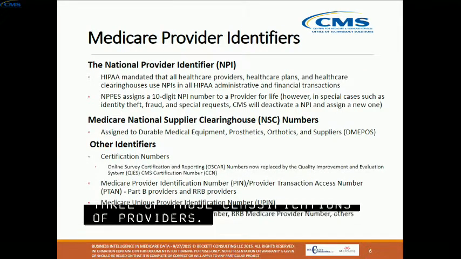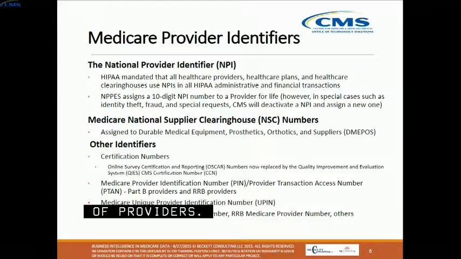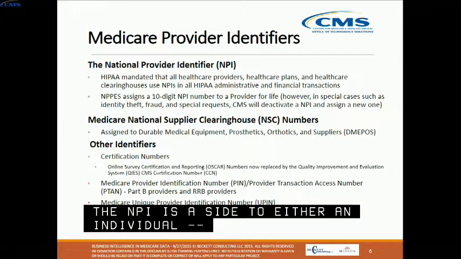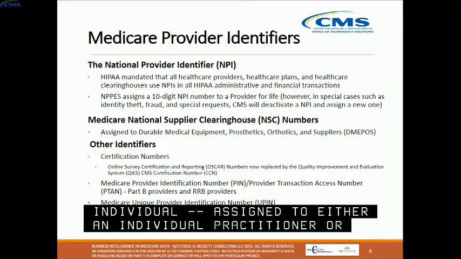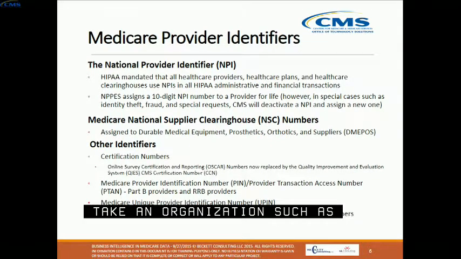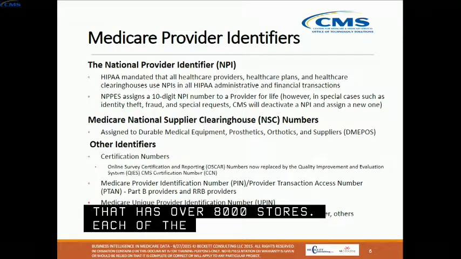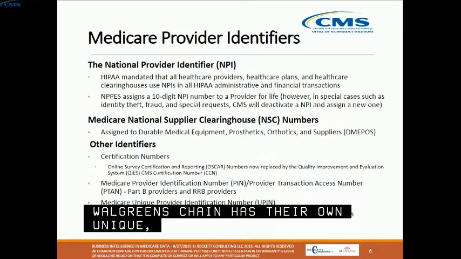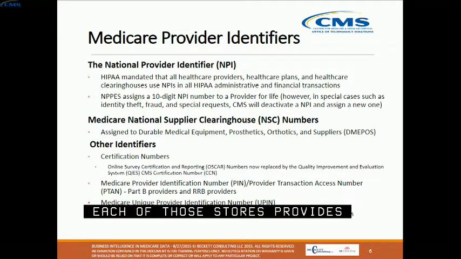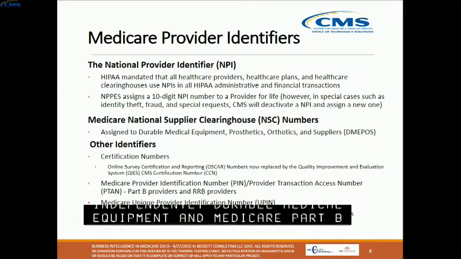The NPI is assigned to either an individual practitioner or can be assigned to a subpart of an organization. Take an organization such as Walgreens, a chain organization that has over 8,000 stores. Each of the stores in the Walgreens chain has their own unique separate NPI because each of those stores independently provides durable medical equipment and Medicare Part B supplies to Medicare beneficiaries.